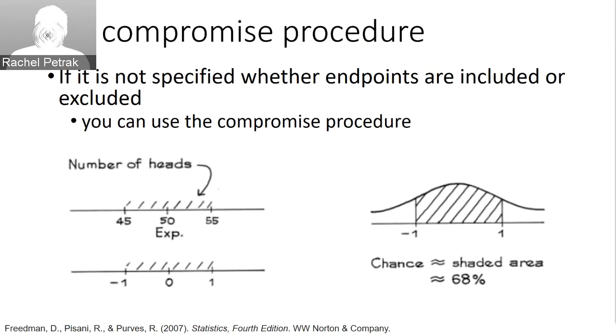Probability histograms can be hard to work out, but areas under the normal curve can be quite easy to look up in a table. So it's important before you jump into using a compromise procedure to assess whether the normal approximation is appropriate.